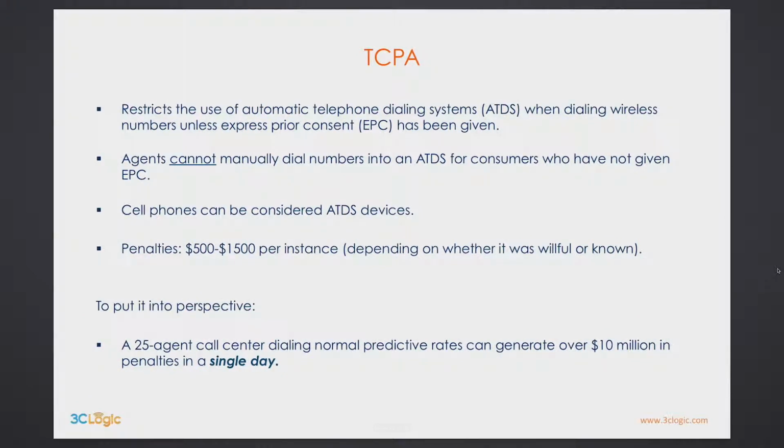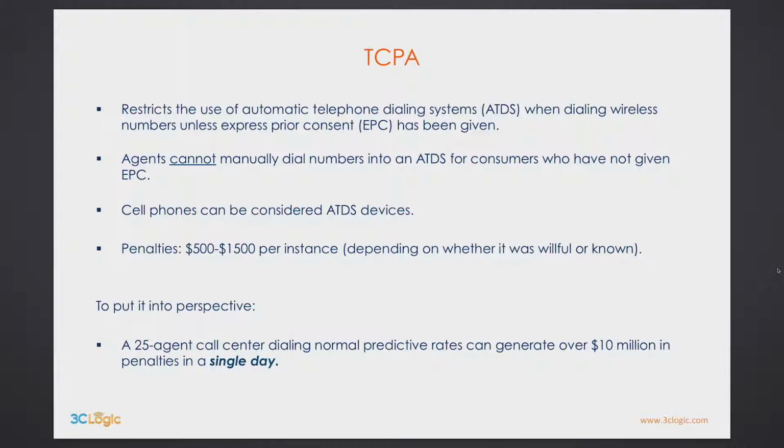Everybody knows that October 2013 was a very bad month for contact centers because that's when they changed the rules for TCPA, particularly when calling wireless phone numbers. It was a very black day in the industry, and a lot of call centers pushed up until that day and then shut their doors or changed their business model.